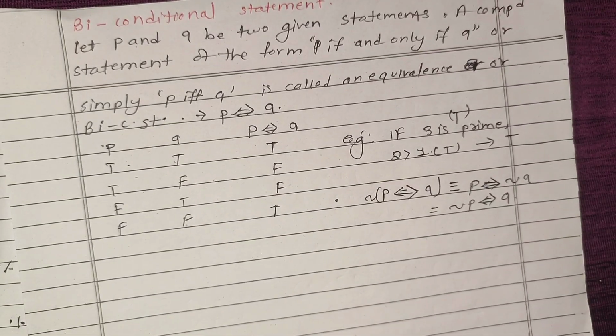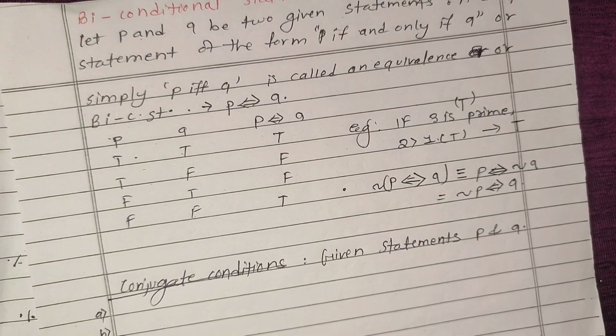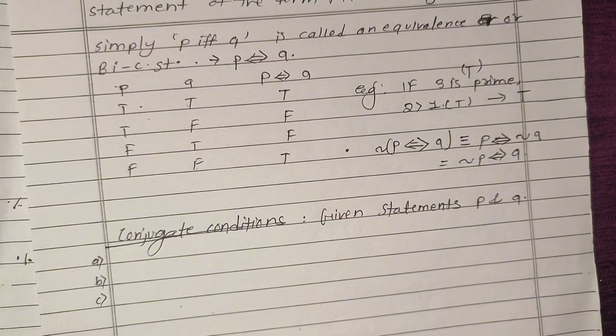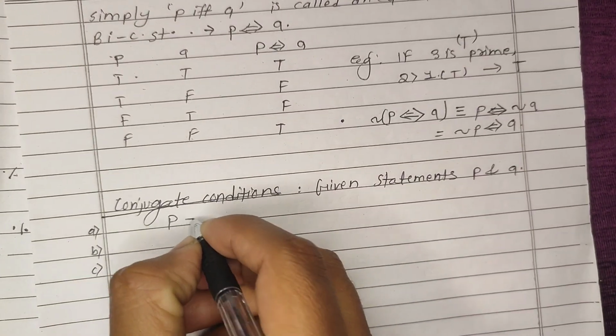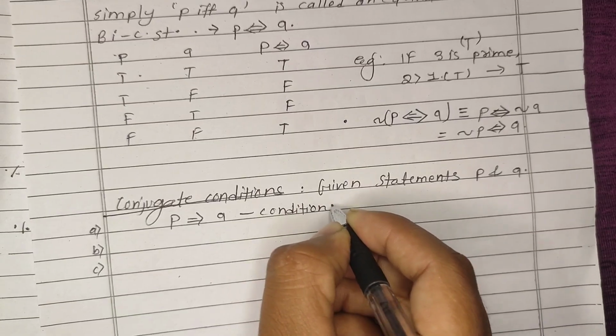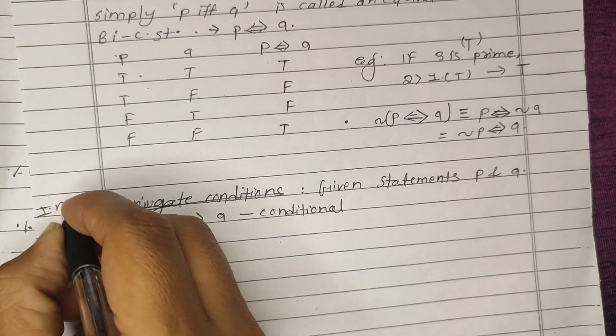Now we have another topic, that is conjugate conditionals. Let's see how to know about them. If we have two given statements P and Q, then P implies Q is a conditional. This is important.